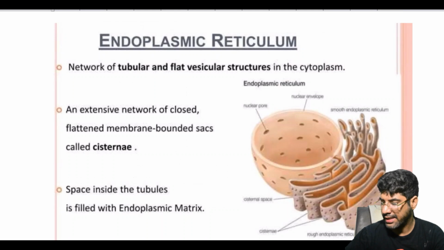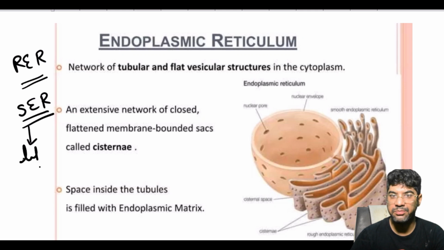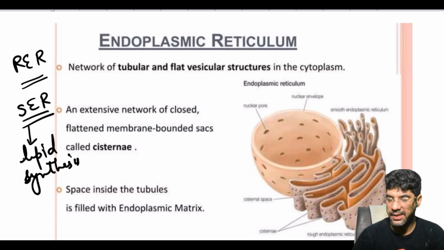The endoplasmic reticulum divides into rough endoplasmic reticulum with ribosomes for protein synthesis and smooth endoplasmic reticulum for lipid synthesis and detoxification. Apart from that, we have Golgi bodies.